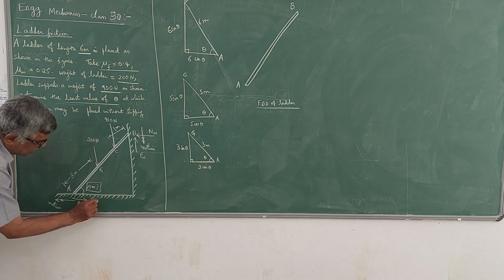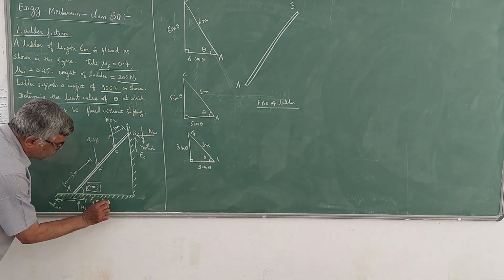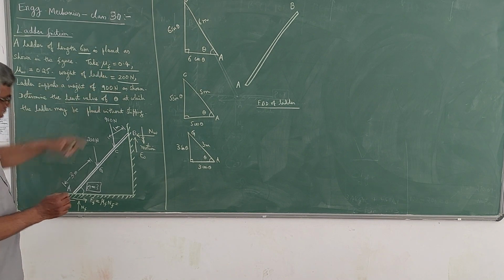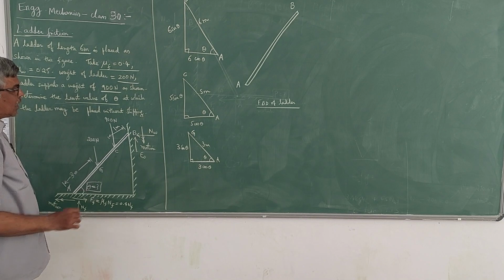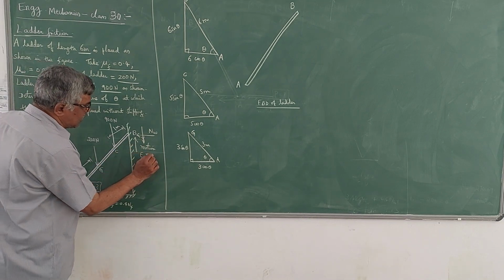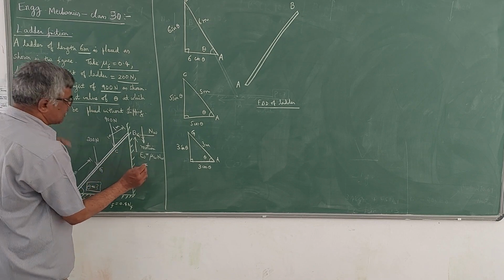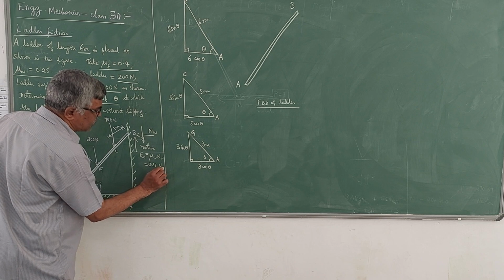And you also know that the relationship between FF and NF is mu F into NF. Of course, here mu F value is given as 0.4, so 0.4 NF. And here also FW is nothing but mu W into NW. So mu W, the coefficient of friction between ladder and wall, is given as 0.25, so 0.25 NW.